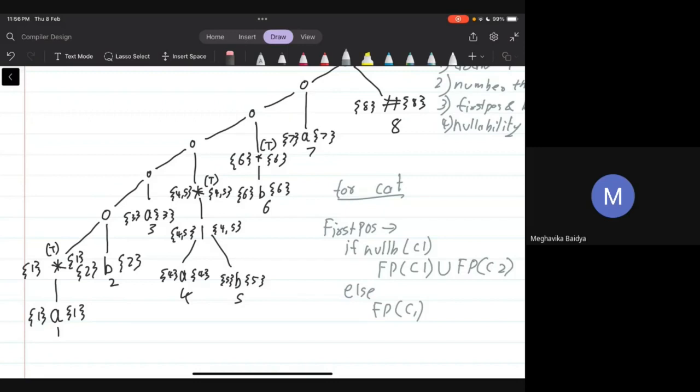If nullability is true, then FP of C1 union FP of C2.